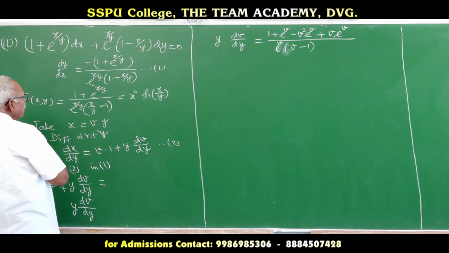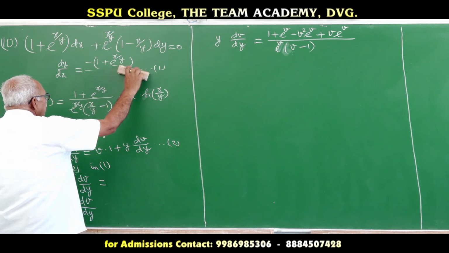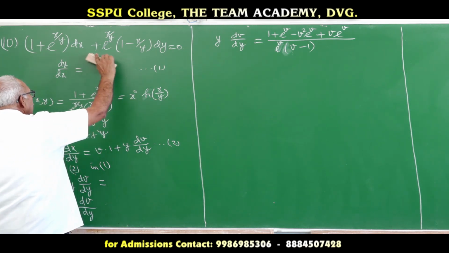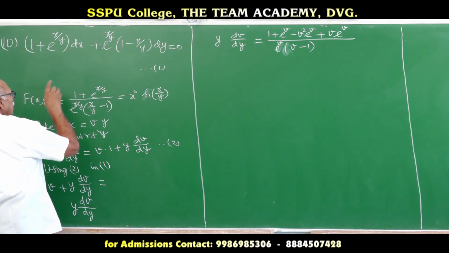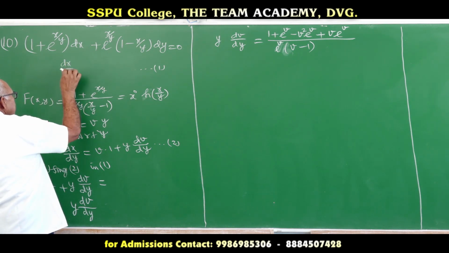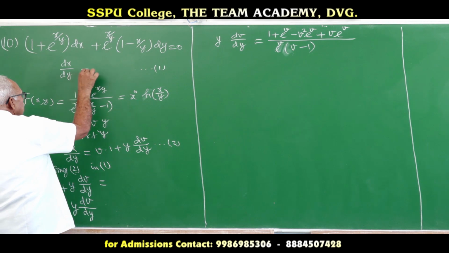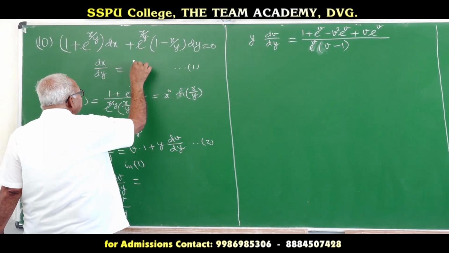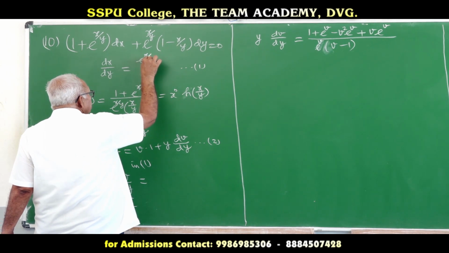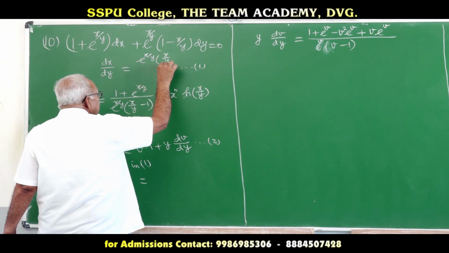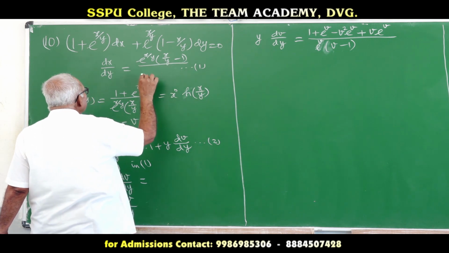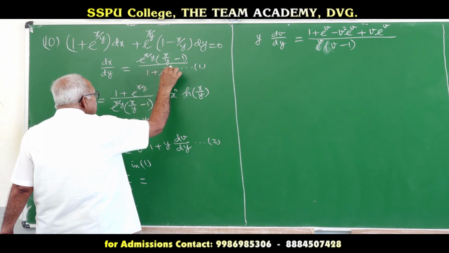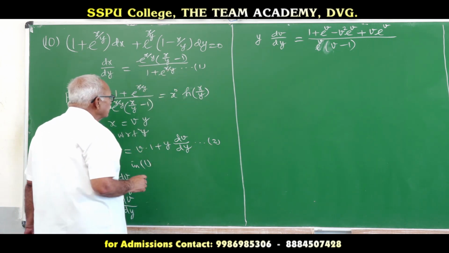So, dx by dy is equal to e power x by y minus 1 divided by 1 plus e power x by y.